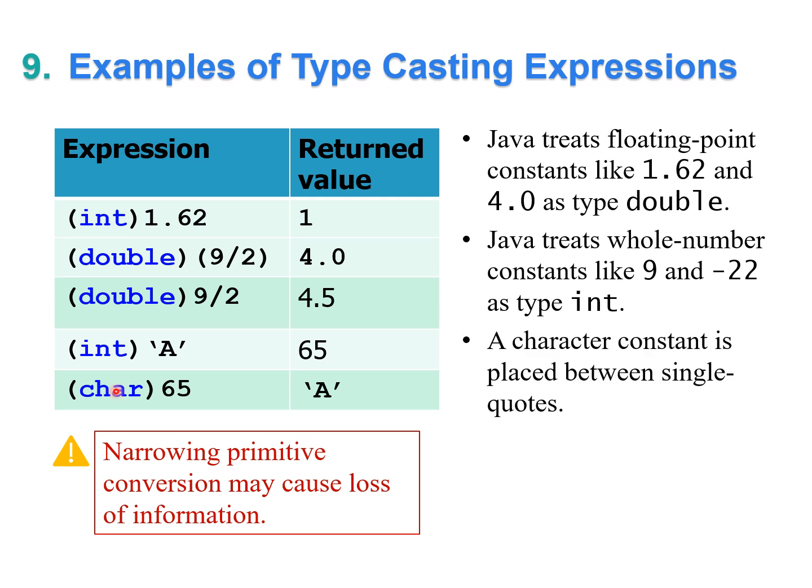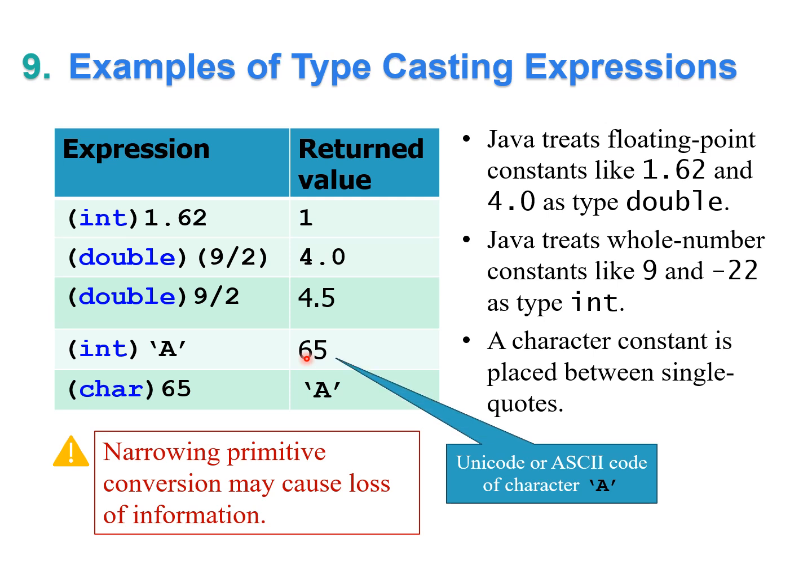In Java, a character constant is placed between single quotes, such as the character A in this example. In the fourth expression here, the cast operator of type int is applied to character capital A, and the result is the Unicode of the character A, which is the same as its ASCII code, because character A is an ASCII character.